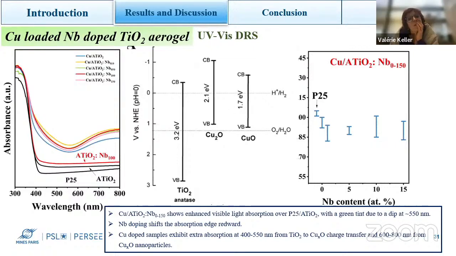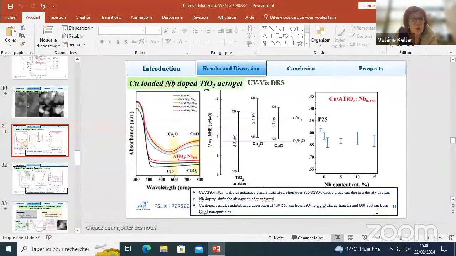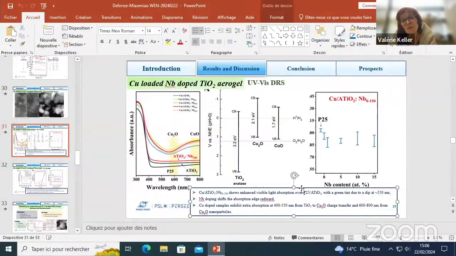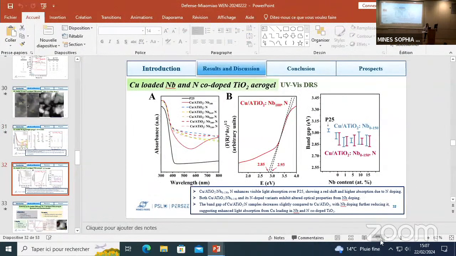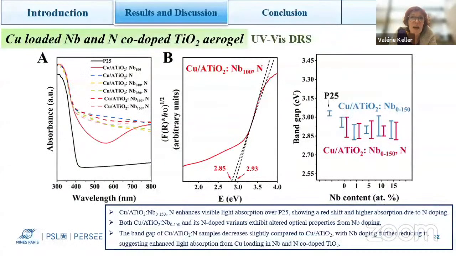Yes. Because in this case, the different contributions of copper 0, copper 1, or copper 2 may not have the same influence. They have different functions in the photocatalytic reactions, acting as a semiconductor. In this case, you may have the formation of heterojunction between different semiconductors, between titanium dioxide, copper 1 oxide and copper 2 oxide.